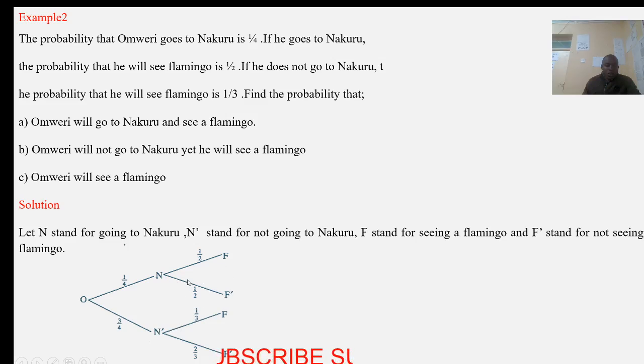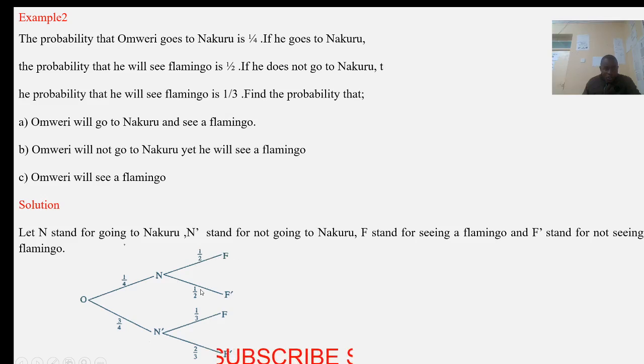First of all we start. The probability that Omweri goes to Nakuru is a quarter, so does not go to Nakuru is 3/4, because they must add up to 1. Then if he has gone to Nakuru, the probability he sees a flamingo, F, is a half.